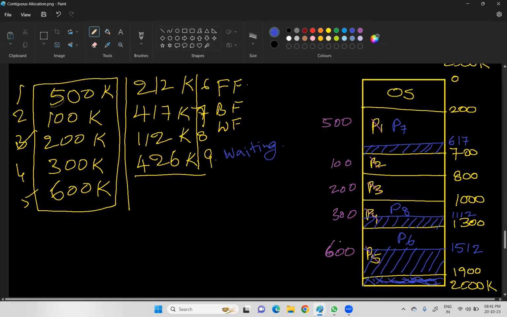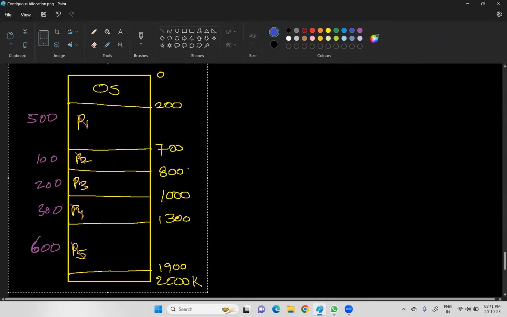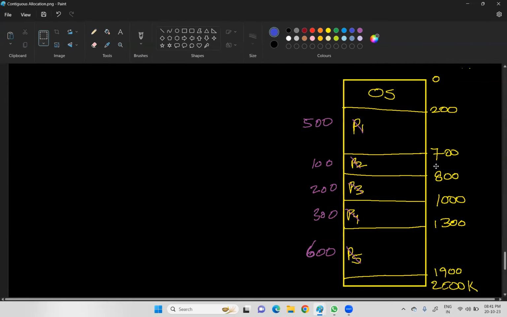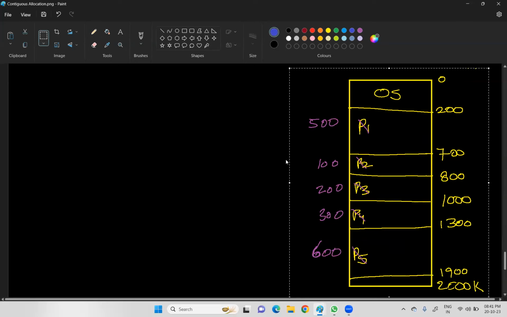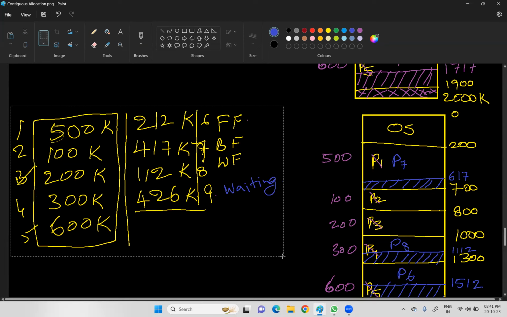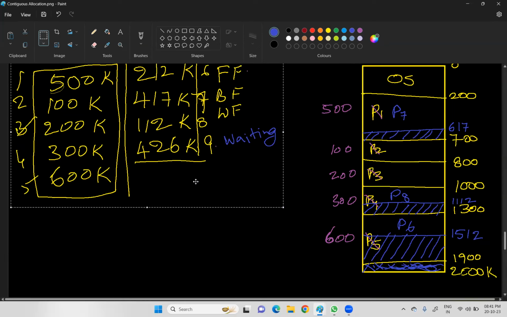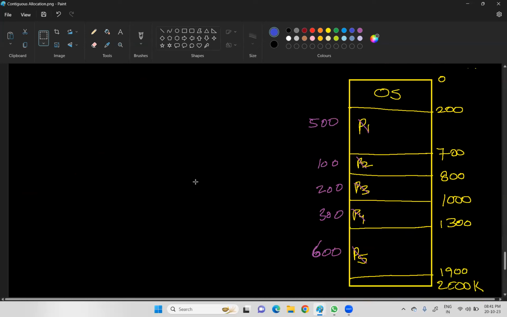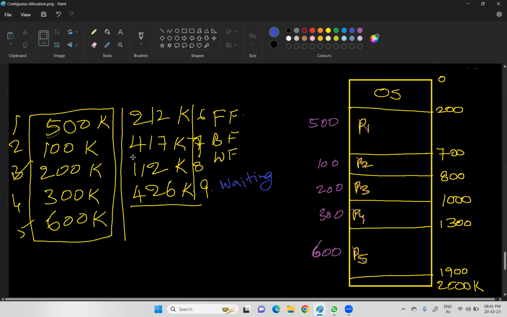Now let me copy the same process one more time here. This is the actual allocation which was available there. Let me take this particular snapshot again because it is also very important for me to explain. This is the actual allocation of the things which are available here.